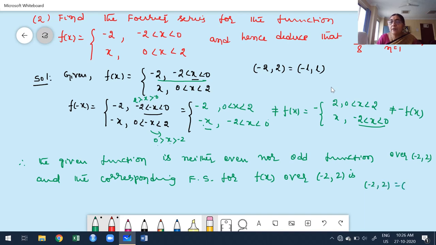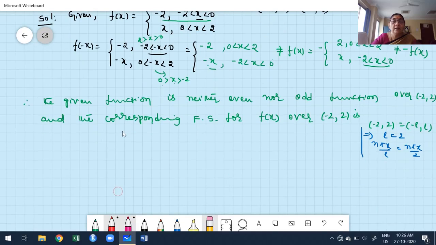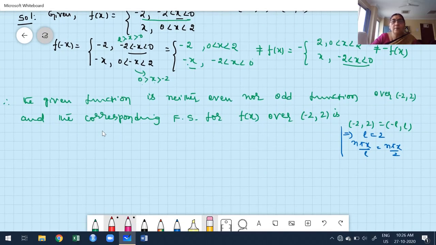My second case limit is minus L to L, so L is equal to 2. Therefore n pi x by L is n pi x by 2. I told you a number of times, before you construct the Fourier series, first you have to know the value of L based on the general case of the interval.